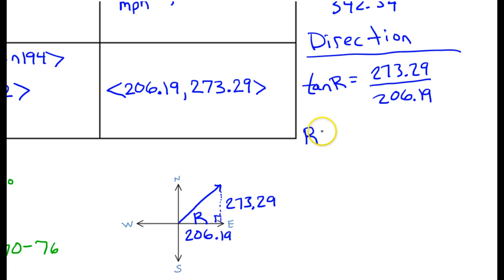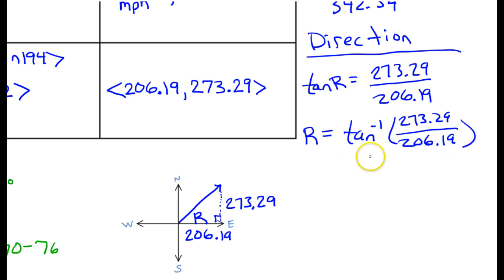Then the angle R is going to equal the inverse tangent of all of this, 273.29 over 206.19. Put that in your calculator. So the reference angle is 52.97 degrees.